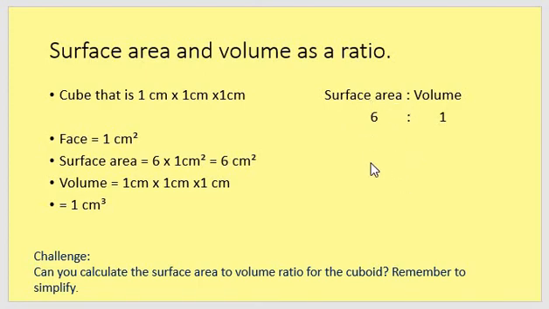You have 6 for square centimetres and you have 1 for volume. So the ratio is 6 to 1 for area to volume. If you want a challenge, there is the opportunity either now or at the end to actually work out the surface area to volume ratio for the cuboid. Remember, you should be able to simplify it.